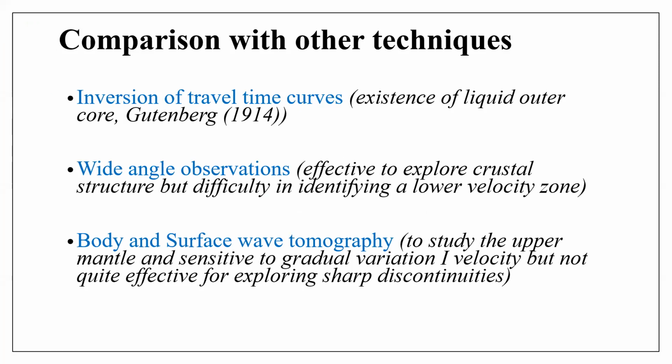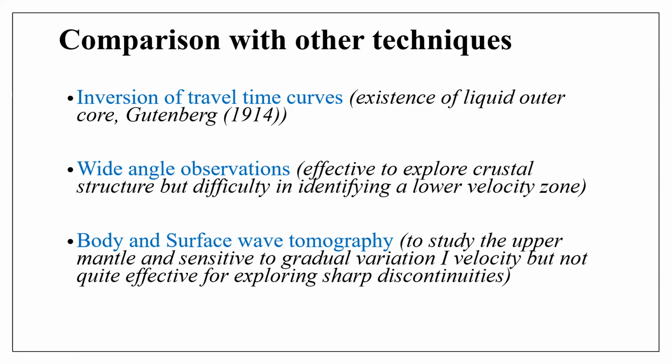Although there are many other techniques, these are the most important ones. Using the inversion of travel time curves, the existence of the liquid outer core was identified by Gutenberg in 1914. Wide angle observations are effective to explore the crustal structure, but have some difficulty in identifying a low velocity layer.